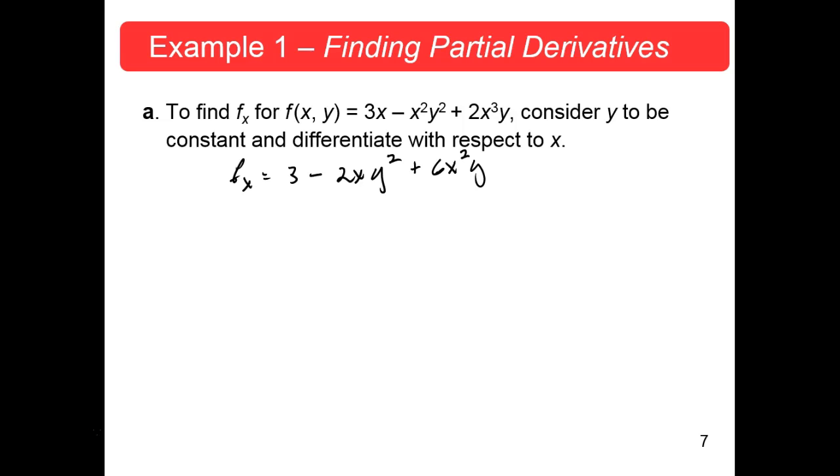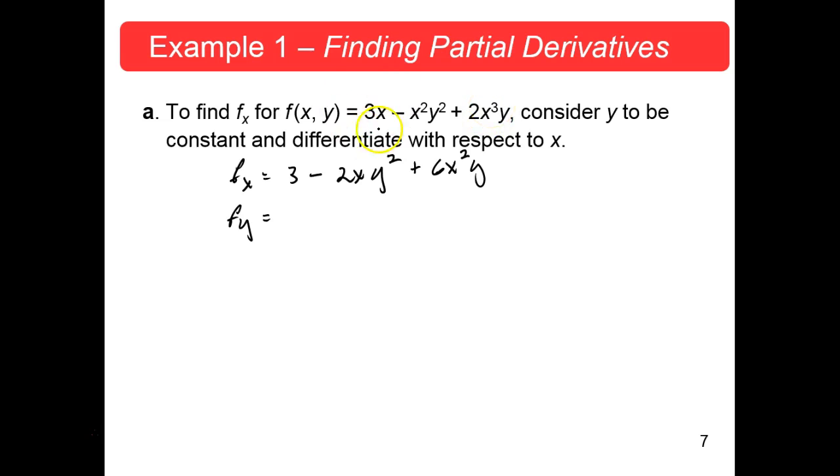Let's go on and do the other. Let's do f sub y. They don't ask us to, but let's do it with that top one. If it's a constant alone, the derivative of that is 0. If it's a coefficient, like it was here and here, then you carry the coefficient.